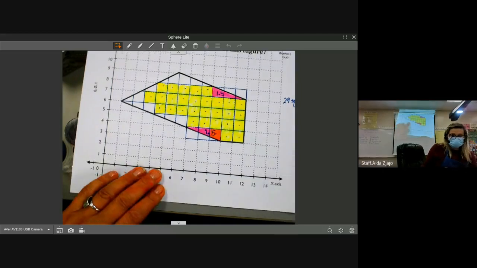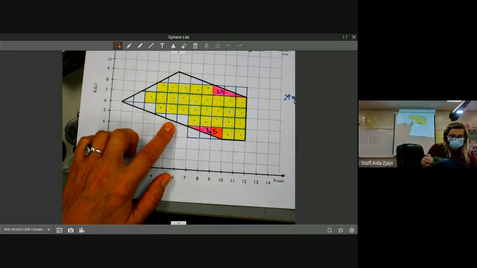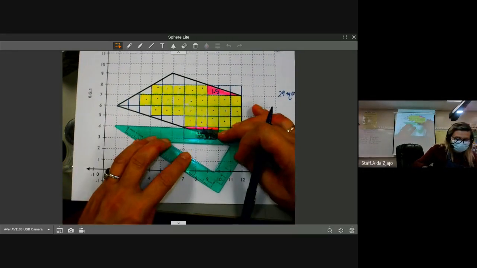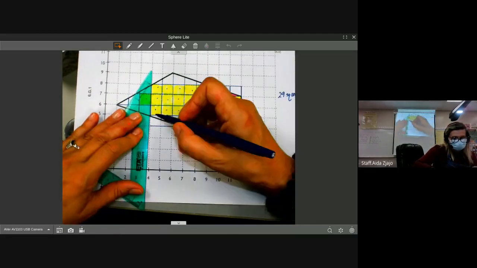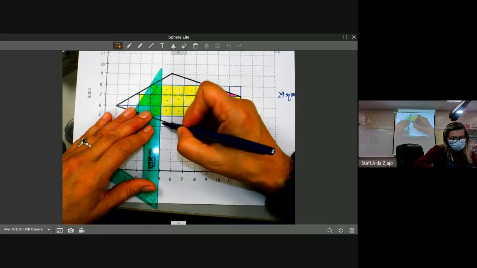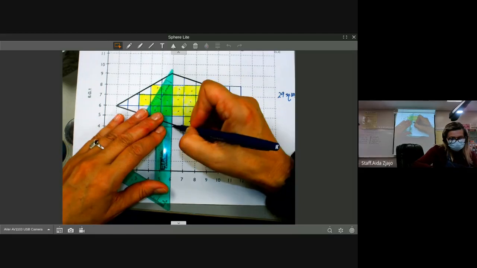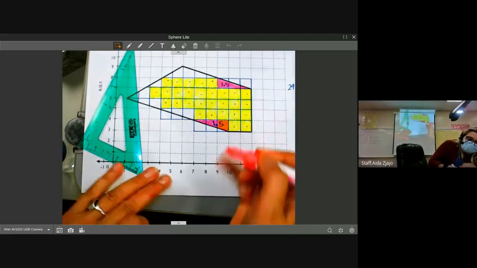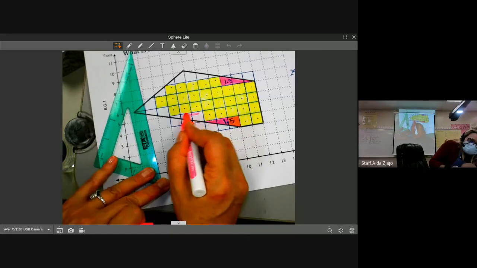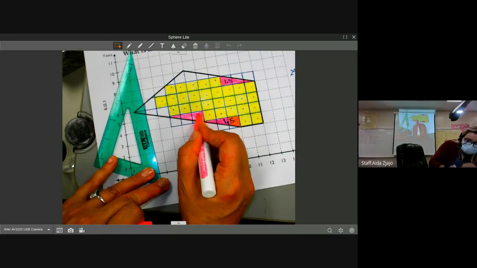And then we also have here almost the same situation, because it's going to get us 3. And then the area that we need to know the value of is going to be 1.5. You're right.